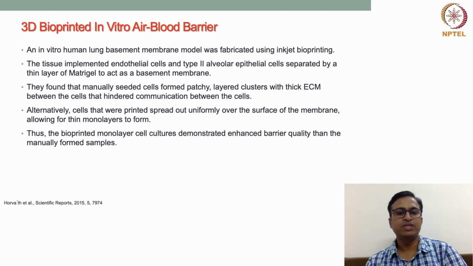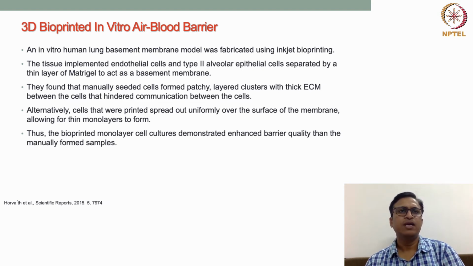In this case, they used an inkjet bioprinting technique and two different types of cells, endothelial cells and alveolar epithelial cells. These two cells represent the alveolar and the blood vessel, vascular structure. They also used a material that acts as a basement membrane, Matrigel.